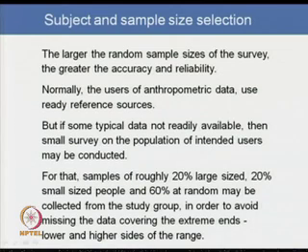For that purpose, samples of roughly 20% large size, 20% small size and 60% random may be collected from the study group, in order to avoid missing the data covering the extreme ends, lower and higher sides of the range.